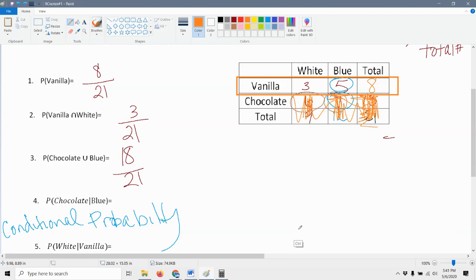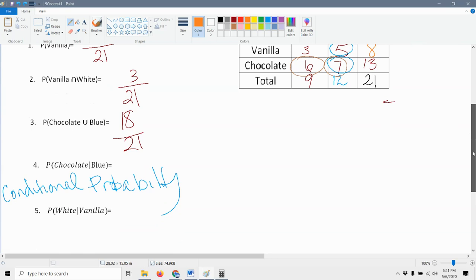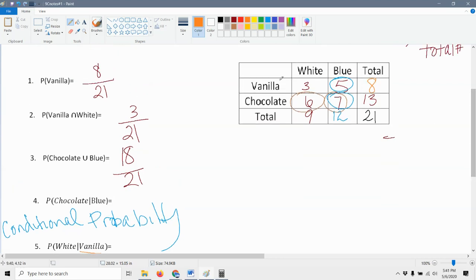I'm going to go ahead and pop those back up so that you can get a feel for how to do this even if they are showing. So we're finding the probability of white given vanilla. So let's look for the white number. How many are in the white category, but only looking at those vanilla. So we can only look at this information. So white in the vanilla category is 3.